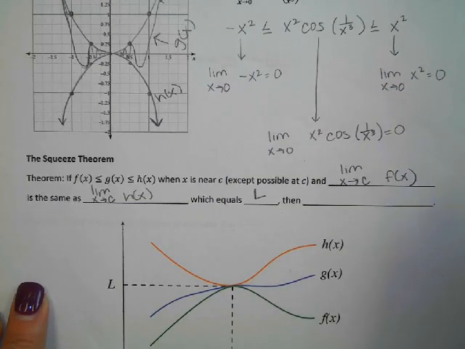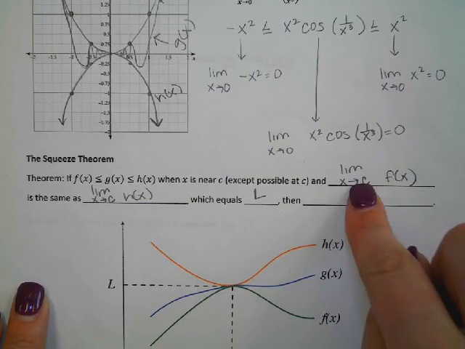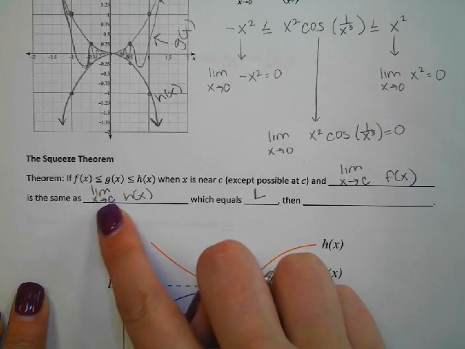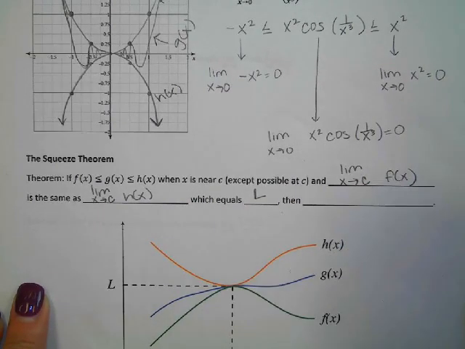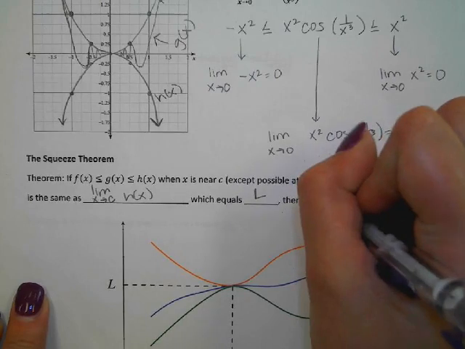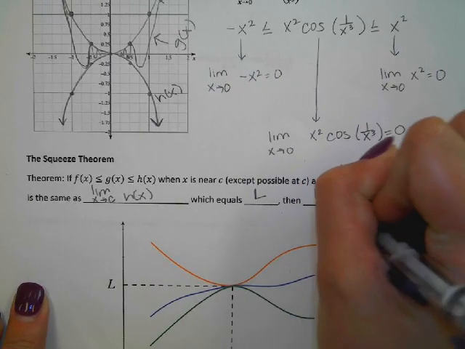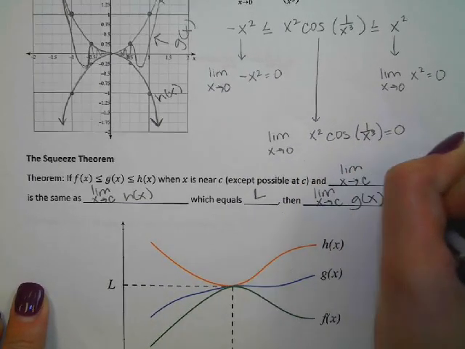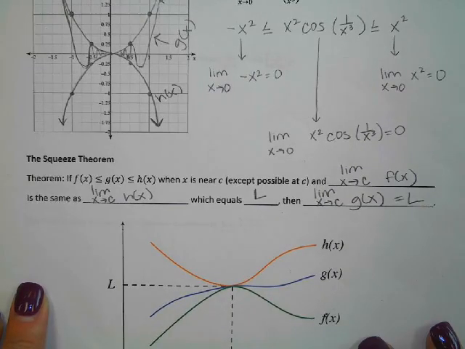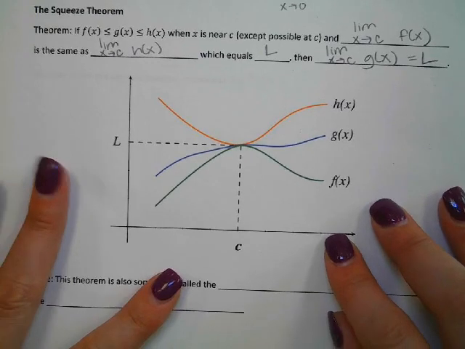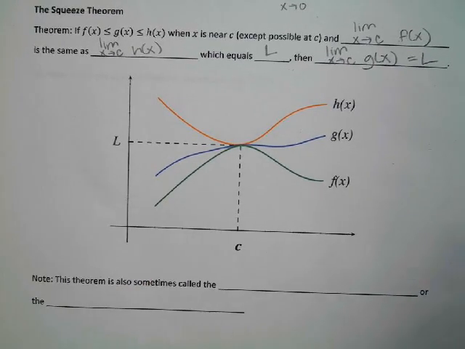So in this case, we'll say the limit as x approaches 0, and the limit as x approaches 0 was equal to 0. Then the limit of the function that was in between them is also going to equal that same L value.